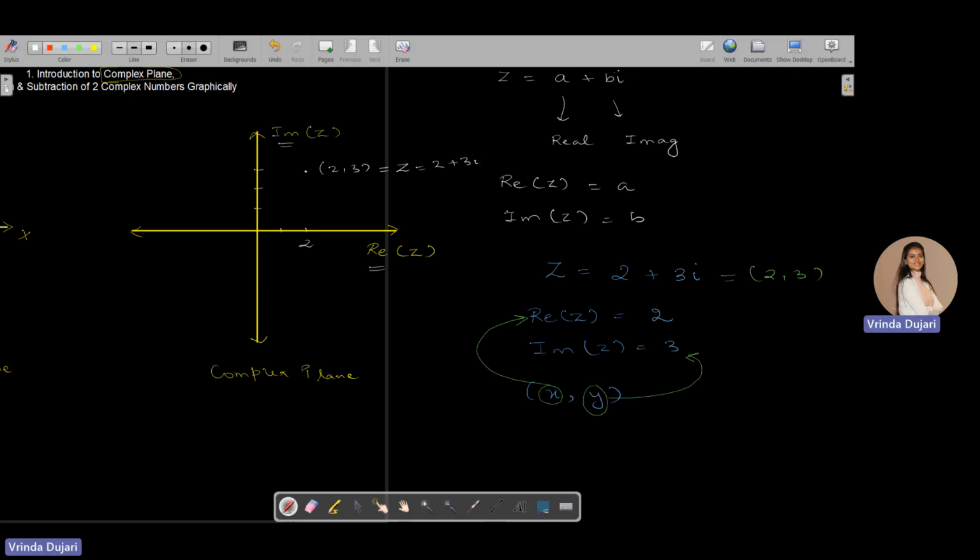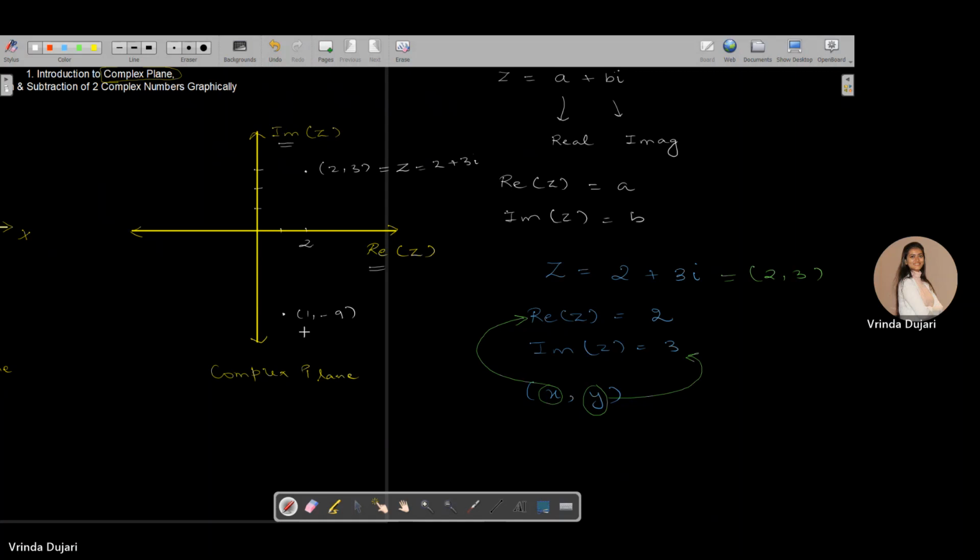Now, what if I tell you that there is a point here with coordinates (1, -9)?